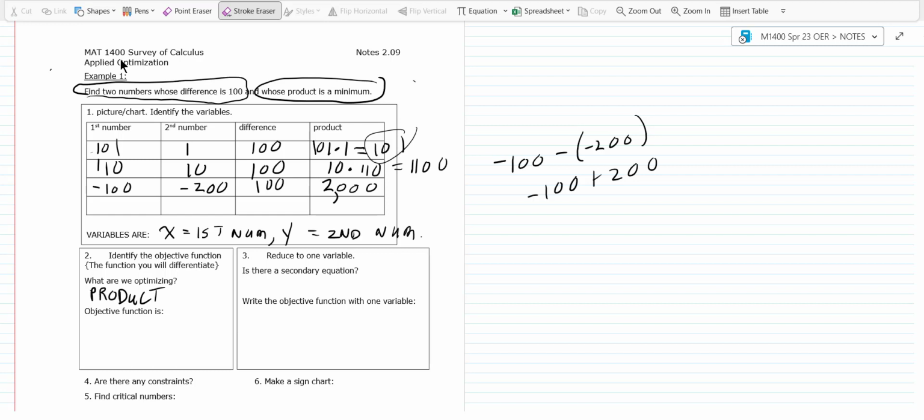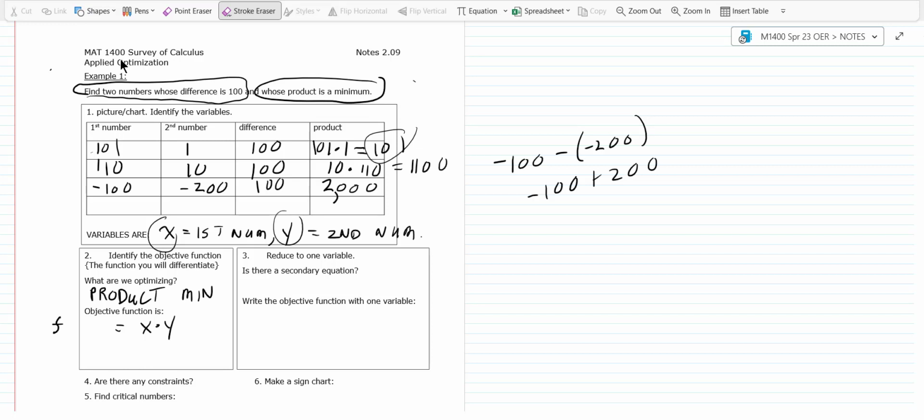So we're finding the minimum product. So that's what we're optimizing. The objective function is always what you're going to take a derivative of. So how do you write the product of x and y? xy, exactly. That is your objective function.